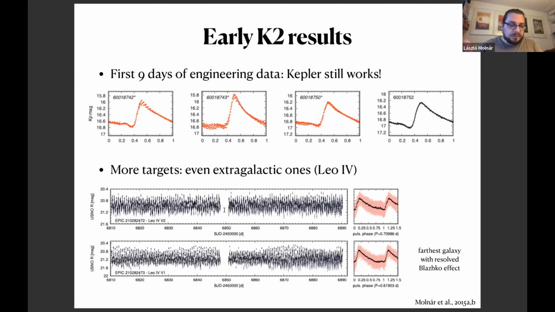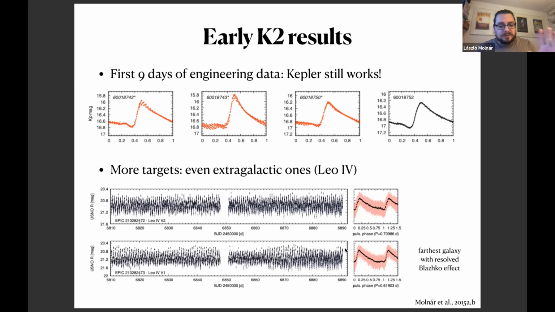These are 21 to 22 magnitudes faint, and we were still able to get reasonably good photometry for them. And I am only showing here 2, and the lower one is, I think, the farthest star where we have resolved Blazhko effect with the period that we could determine.